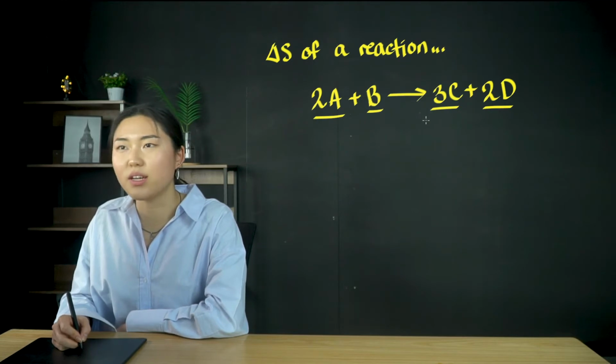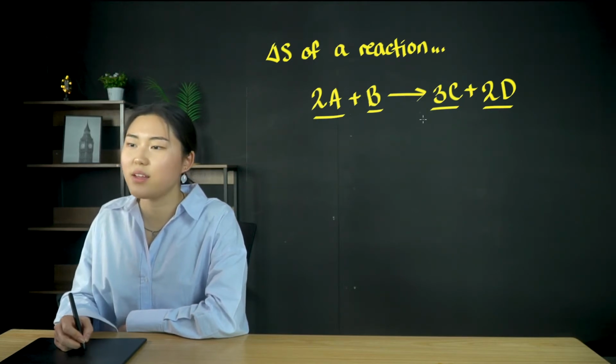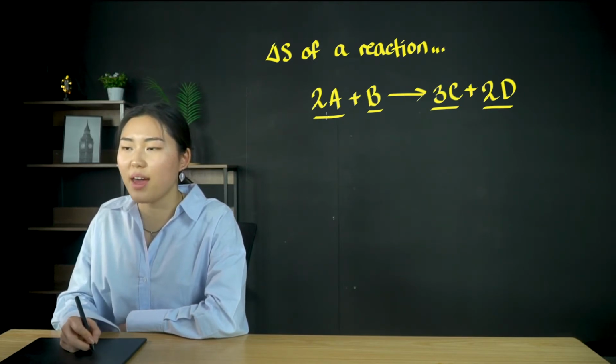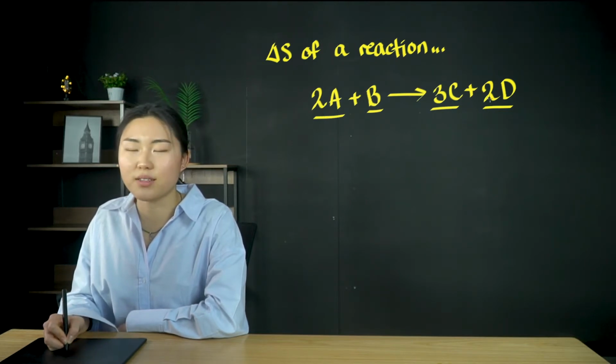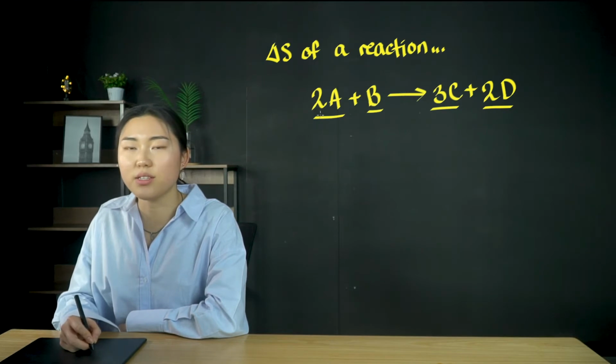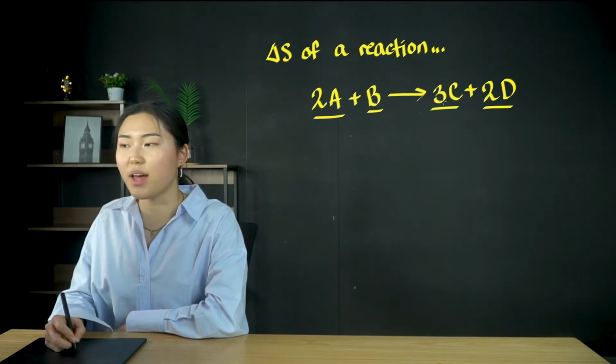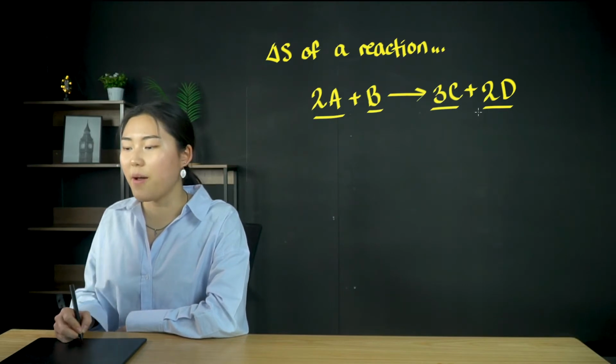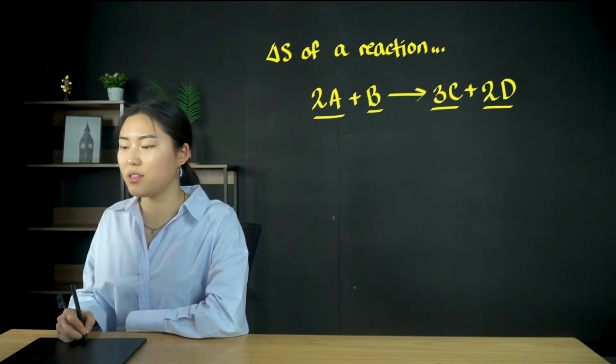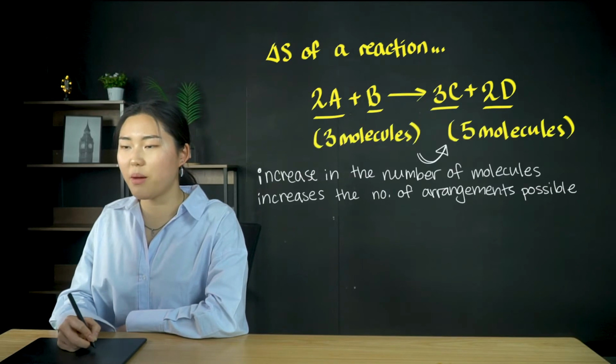It's also called delta S of system. So for example, we have A and B as our reactants, and we have C and D as our products. We have 2 A molecules and 1 B molecule reacting to give 3 C molecules and 2 D molecules. So let's look at the change in the numbers of molecules.